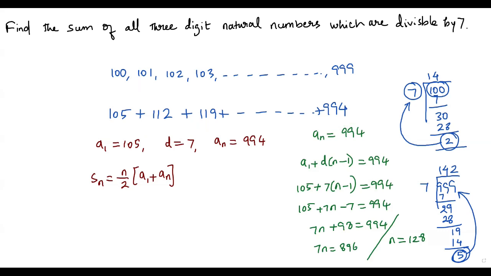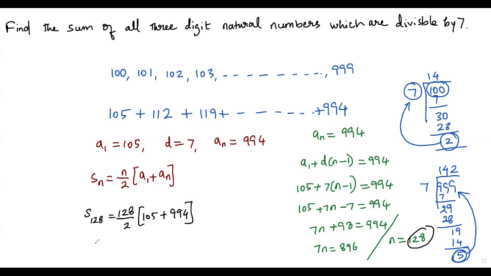Okay, now in my next step, I have to plug in this 128 for n over here. Then we get S128, that is the sum of all the 128 terms in this arithmetic series. So here 128 divided by 2, and here A1 is the first term, which is 105, and an is the last term, that is the 128th term, 994.